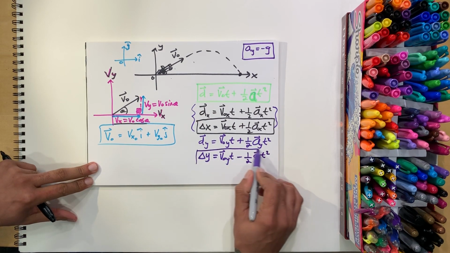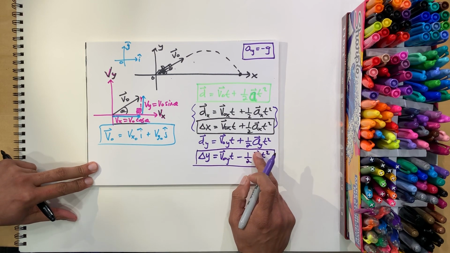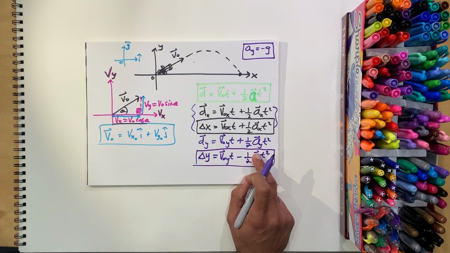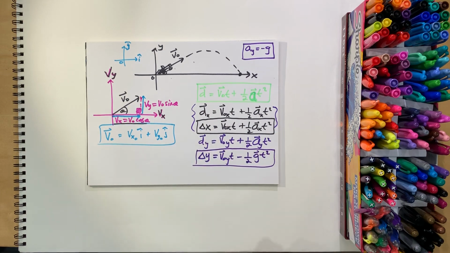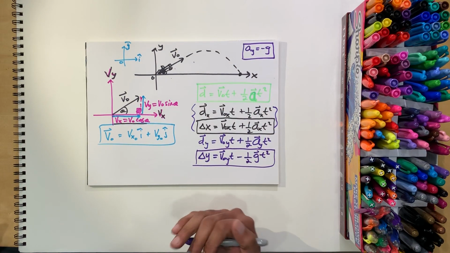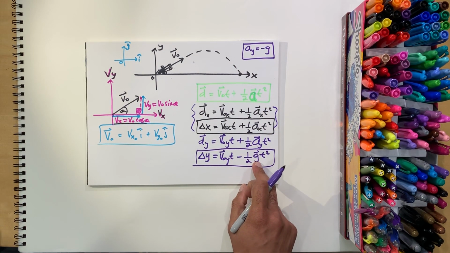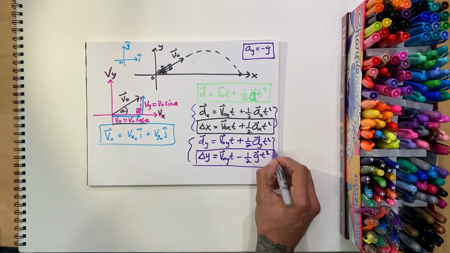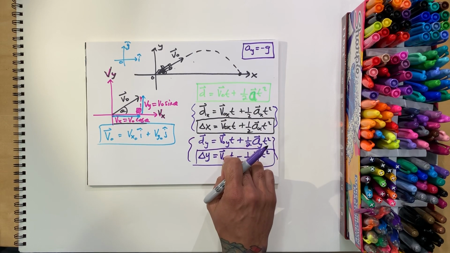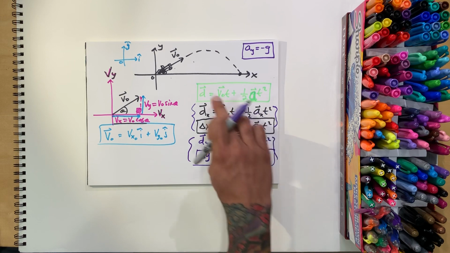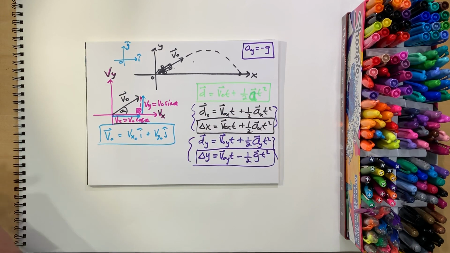And see how G does have a vector over it because it tells us that it's going in a certain direction. It's not just going sideways or whatever, it's going directly down, perpendicular. Okay, so these are the two equations that we derive from this one general equation.